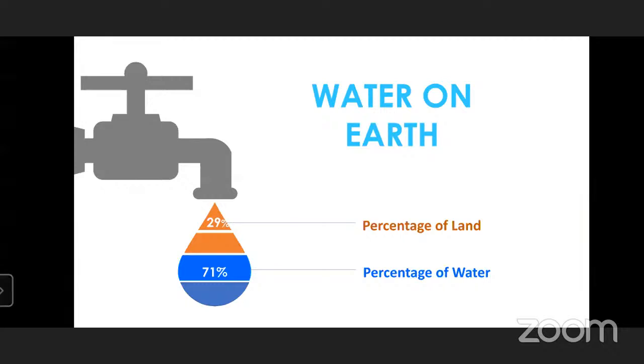About 71% of the earth's surface is covered with water in the form of sea, ocean, river, lake, pond, glacier, etc. And only 29% of the earth's surface is covered with land on which we live.